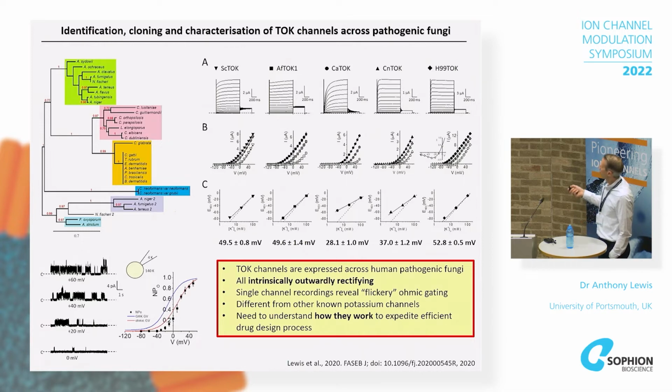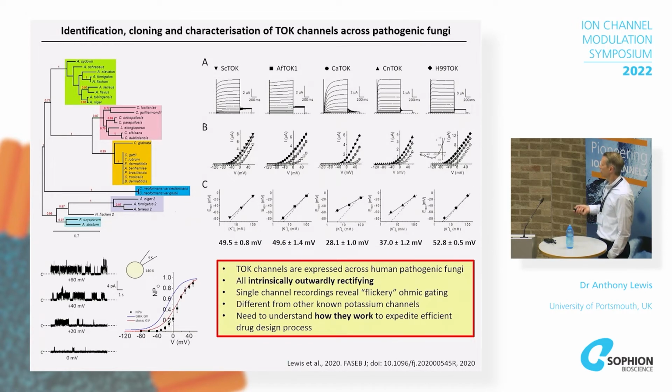So they're all outwardly rectifying, and the threshold for activation follows the permeability profile. So generally they are potassium selective, but you can see here from these Nernstian plots that the Candida and Cryptococcus variants here do pass about 10% sodium, so they have a slightly shallower Nernstian profile. At the single channel level, the gating kinetics are quite flickery, quite difficult to analyse, but the NPo curve here fits well with an ohmic GV curve.